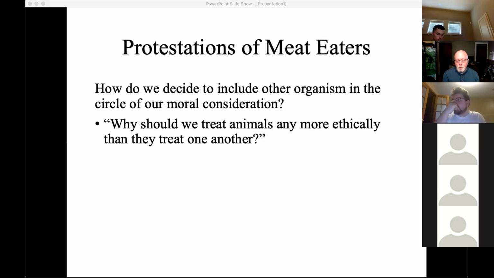We do have a natural order. There is a natural pecking order among humans. All you have to do is look around the United States in the year 2020 and realize that power accrues to certain people and it doesn't accrue to other people. And simply because it's playing out not in terms of what we eat, we don't have rich people eating poor people, still those power differences certainly do exist.